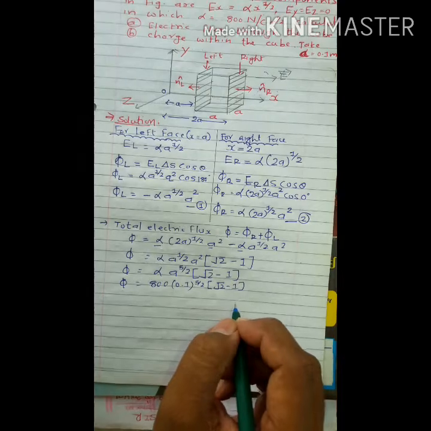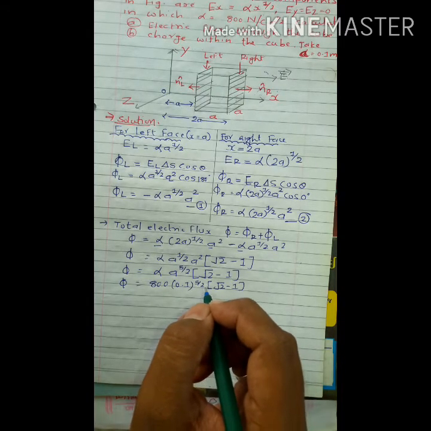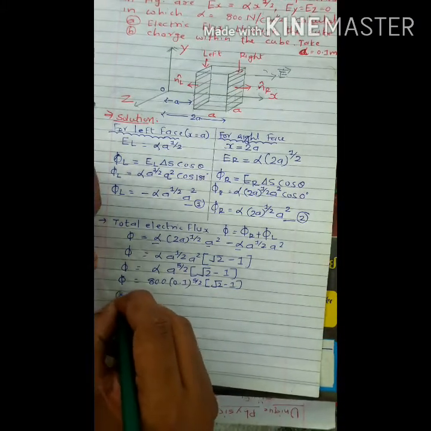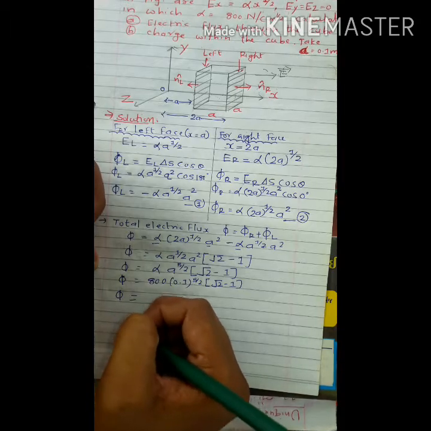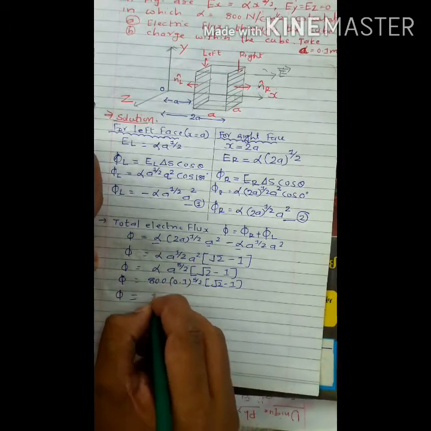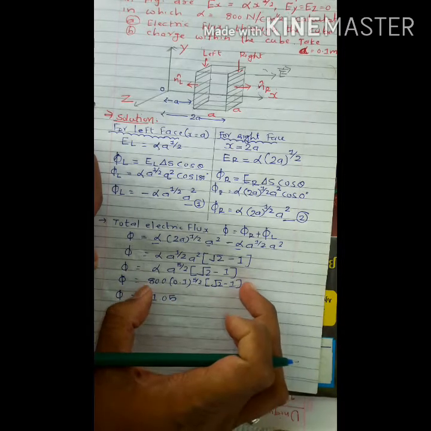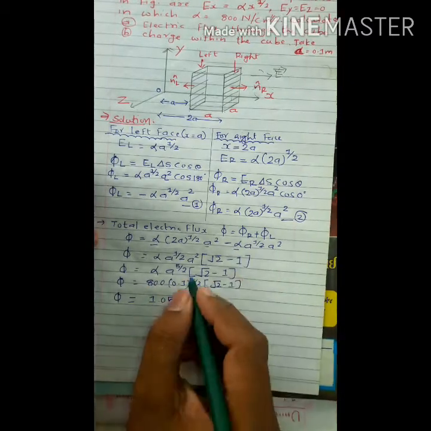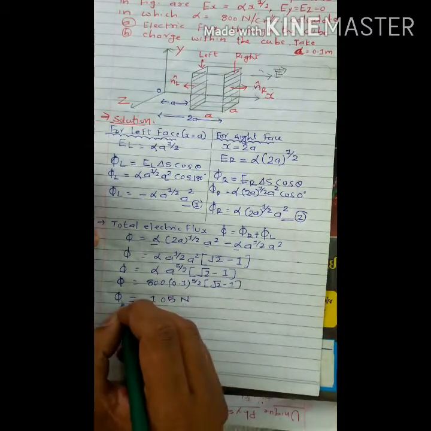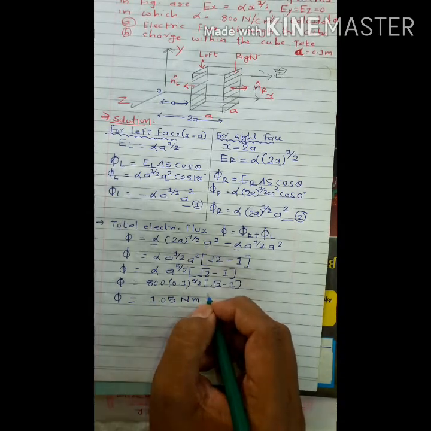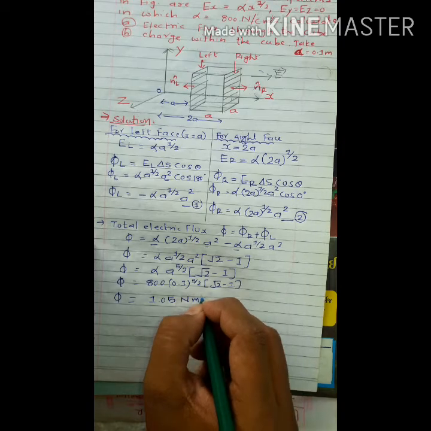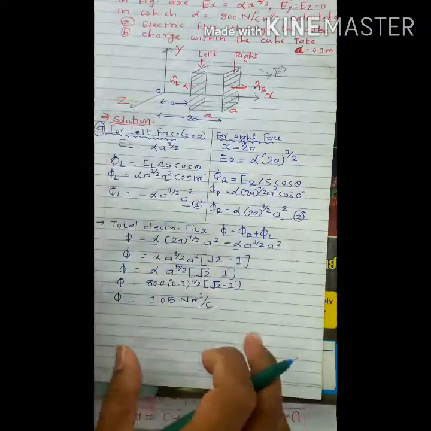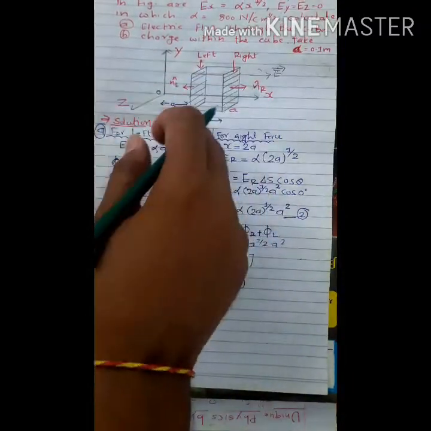Now if we solve this term, our answer becomes electric flux phi equal to 1.05. So your answer is 1.05. The unit of electric flux is Newton meter square per coulomb. So this is your solution of the first point A, the electric flux passing through this whole cube.